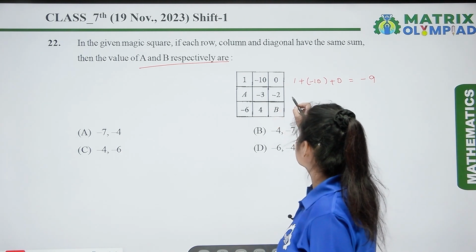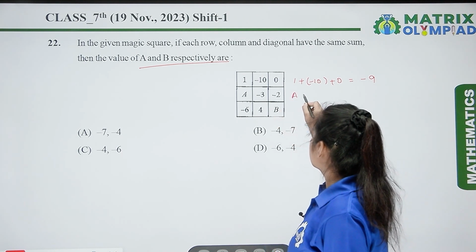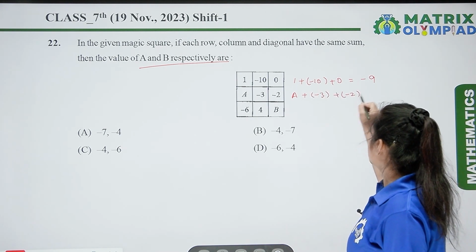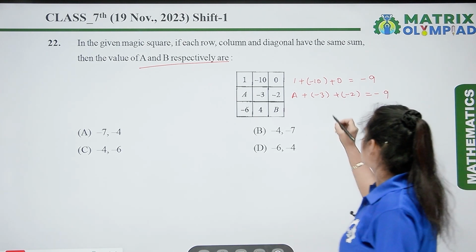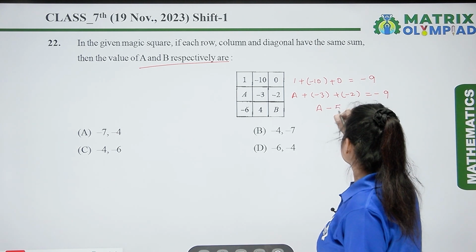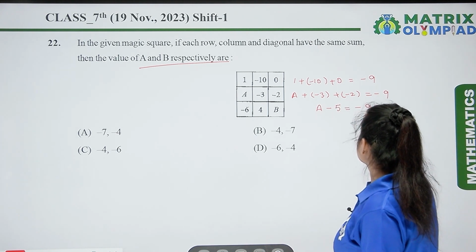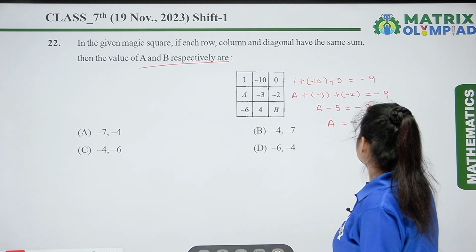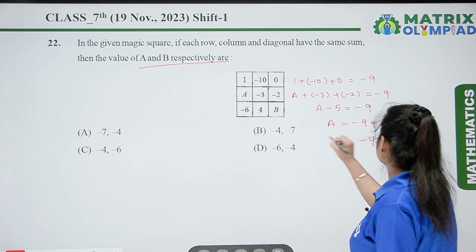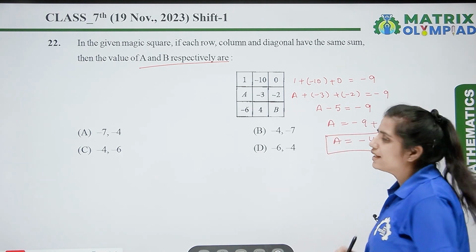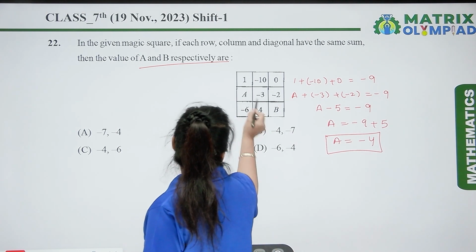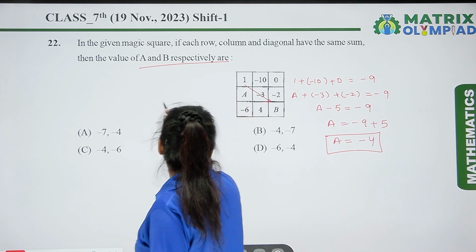So here to find out the value of A, we can say that A plus -3 plus -2 is equal to -9. So here we get A minus 5 equal to -9. A is equal to -9 plus 5, that is equal to -4. So value of A is -4. Let's find out the value of B. Now this time we are going to take the diagonal part.